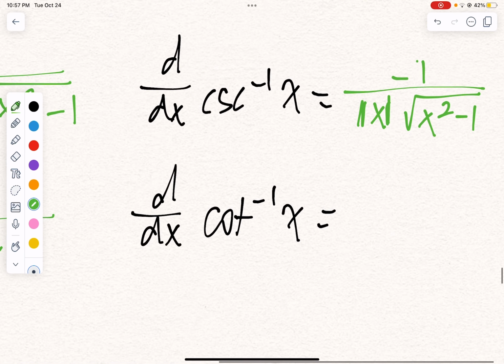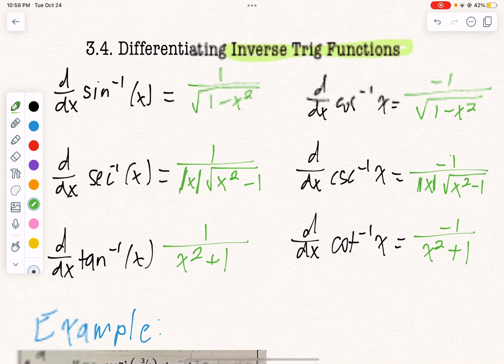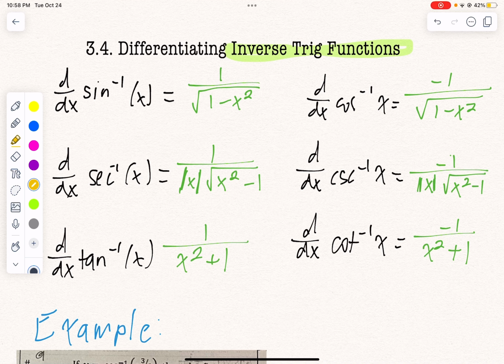And the inverse of cotangent's derivative is going to be negative 1 over x squared plus 1. And the best part about this, if you haven't already noticed, these are all just a negative version of what's right beside it, which is really convenient when it comes to memorizing those.